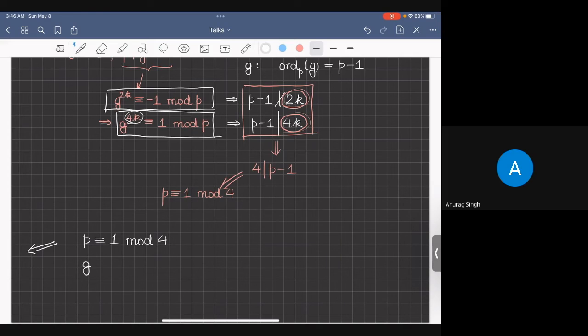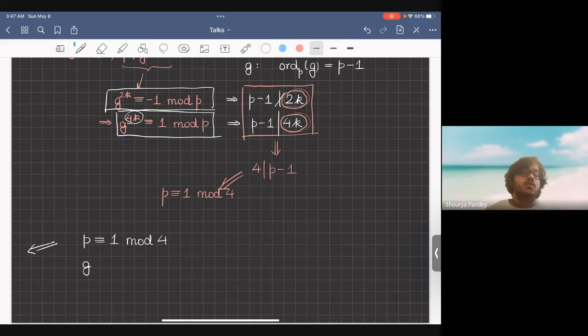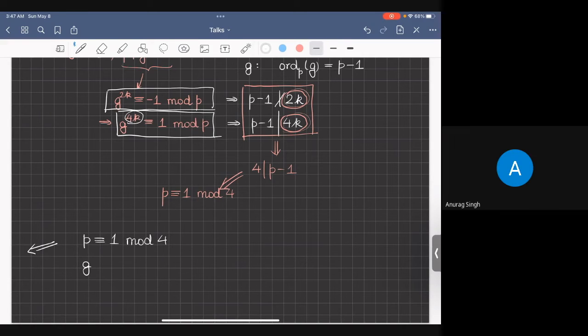If g is the generator, then the order divides the power of the generator. Like g to the 4k, we can take any 4k such that p minus 1 divides that 4k.